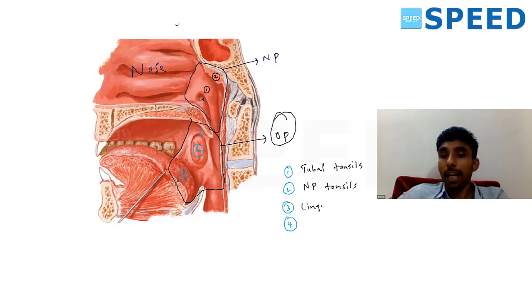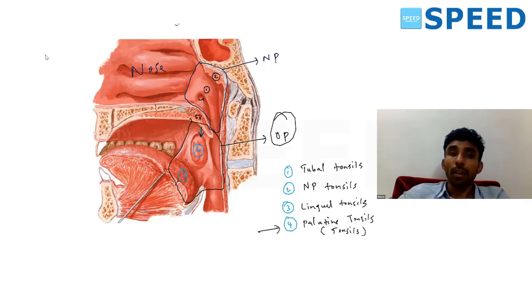Number three is lingual, located in the tongue, so called lingual tonsils. Related to the soft palate, we have the palatine tonsils, and these palatine tonsils are simply called the tonsils. So these are the four types of tonsils we have: tubal, nasopharyngeal or pharyngeal, lingual, and palatine, which is simply called the tonsil.